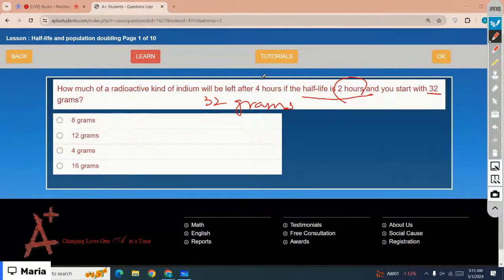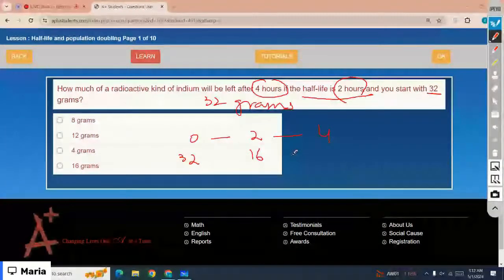So you have to calculate after 4 hours how much you have left. From 0 to 2 hours, you started with 32. After 2 hours, you are left with half. Half of 32 is 16. Now from 2 to 4 hours, again it is half. Half of 16 is 8. That means after 4 hours, you are left with 8 grams of indium. The correct option is 8 grams.